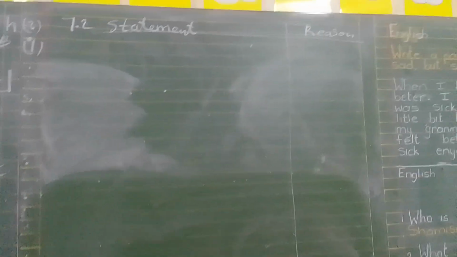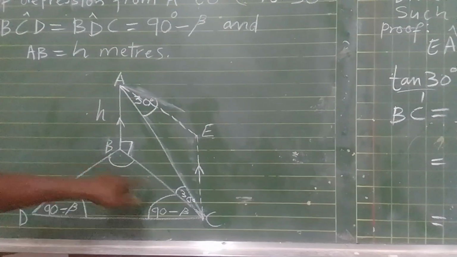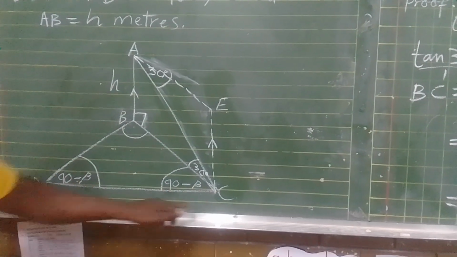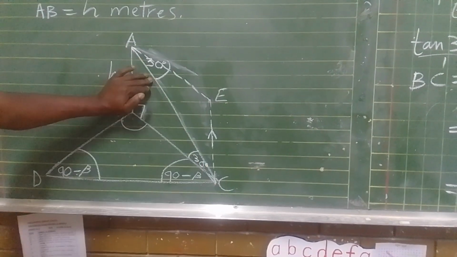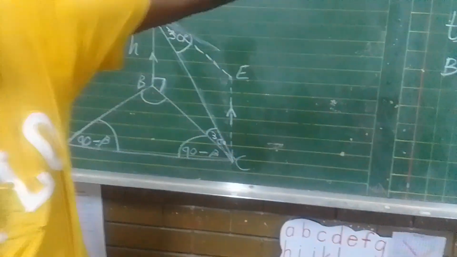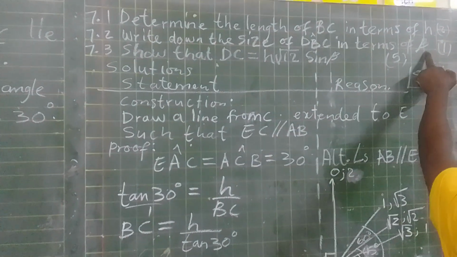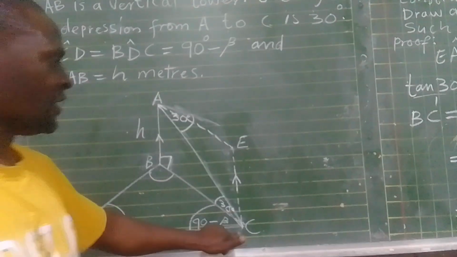Now we have to check that this B lies in triangle ABC and BDC. But in ABC, there is no beta. They said we must represent it in terms of beta. Write down the size of DBC in terms of beta. We come here in our diagram. Our diagram that has got beta is triangle BDC.